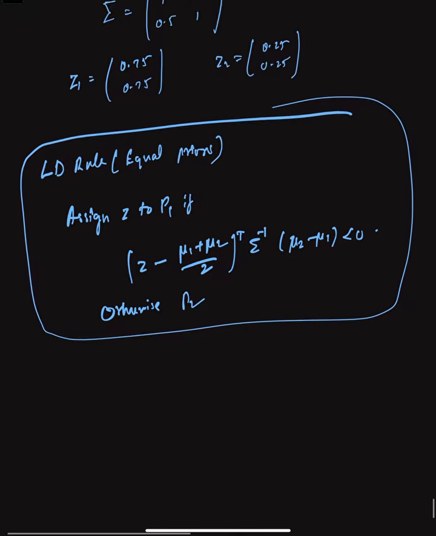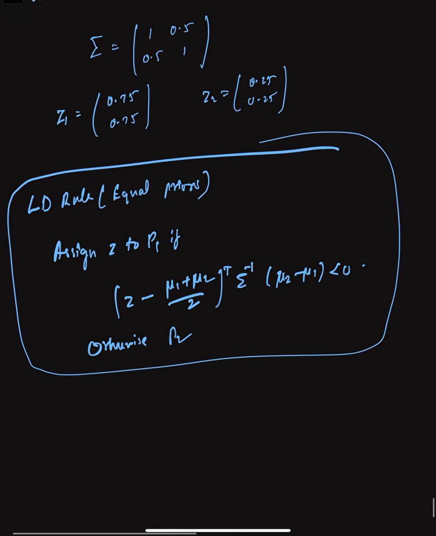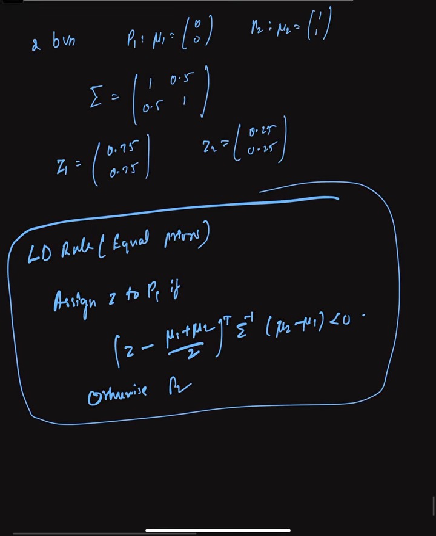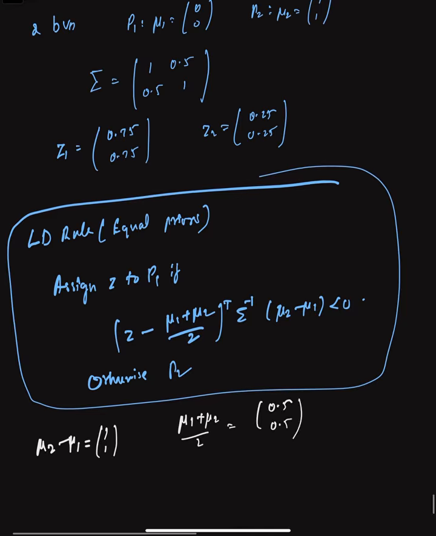Using this, from the given data I can find mu2 minus mu1, which is (1, 1), and I also have (mu1 plus mu2) by 2, which is (0.5, 0.5).